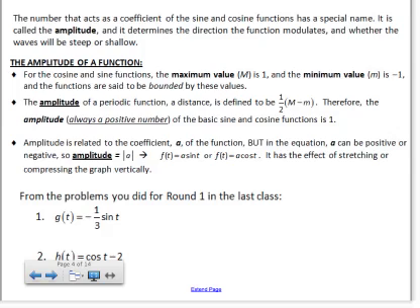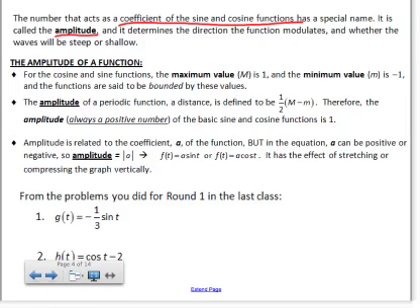So here we have a new word. It's called amplitude. We actually have used the amplitude the whole time. We just haven't used that word. The amplitude is the coefficient of the sine function or the cosine function. It's your coefficient, okay? And so when we talk about amplitude for the cosine and sine functions, our maximum value is 1.